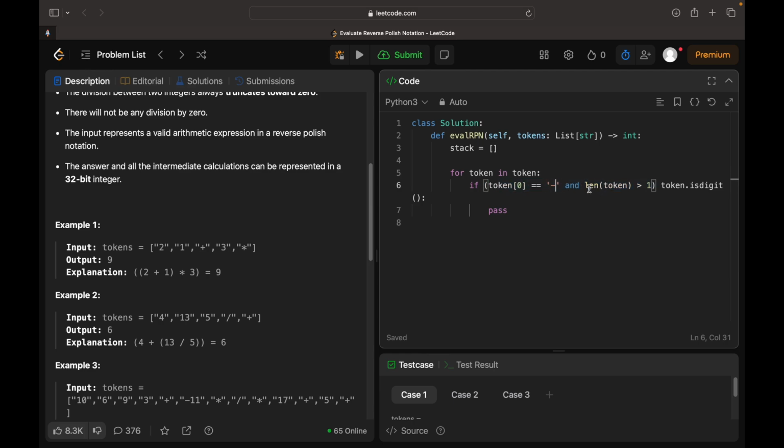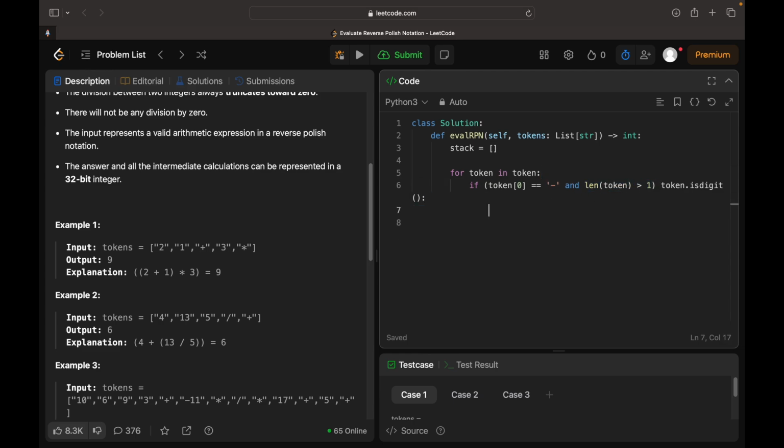And if the length exceeds 1, it will be a number. For example, if you have a string like -2, okay, it has 2 characters in it. But if you just have minus, this is an operator. And if you use this operator, it's going to be, well, not a number, and it will error out. So this is why this check is also put in.